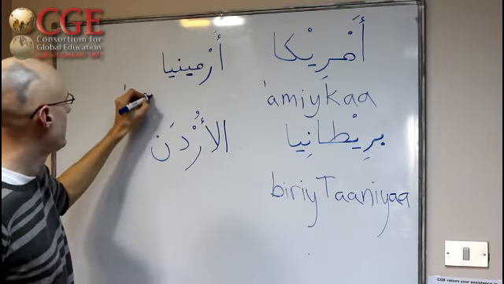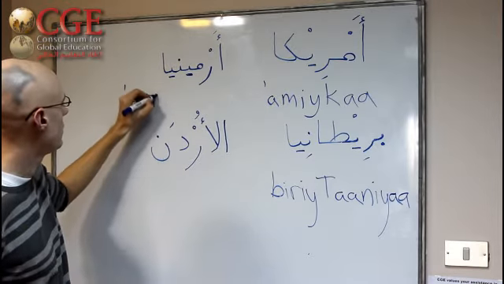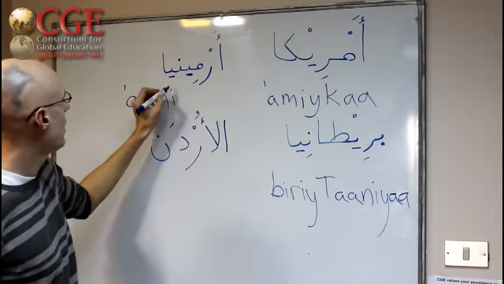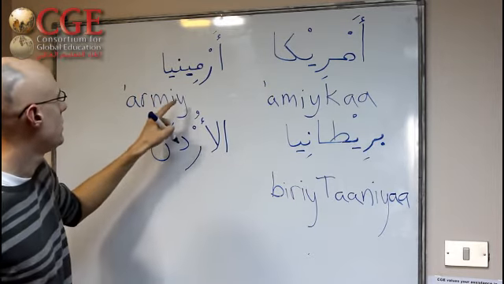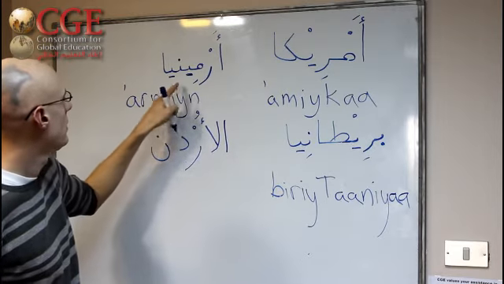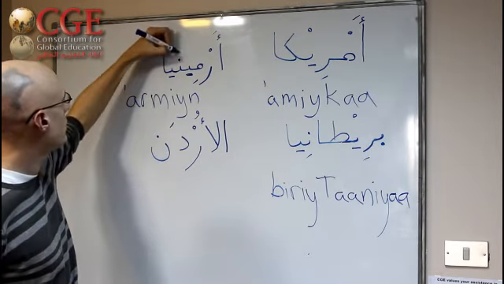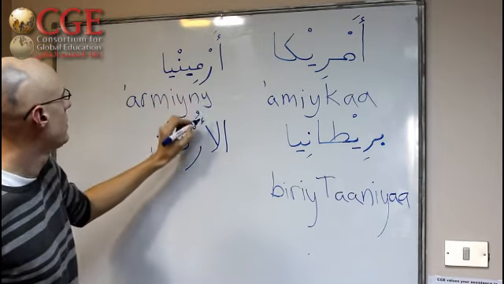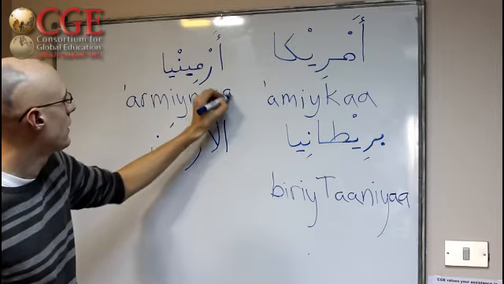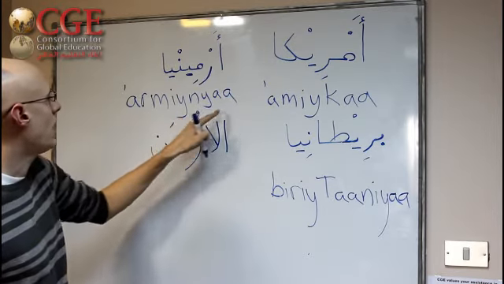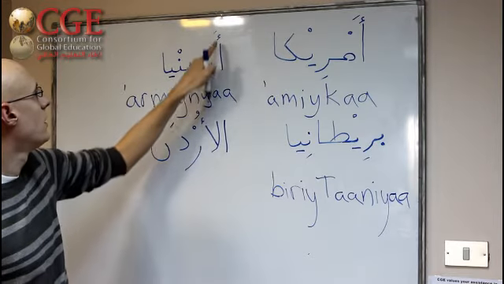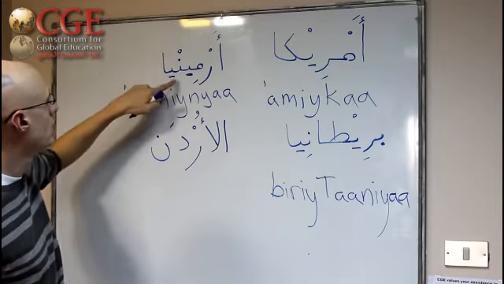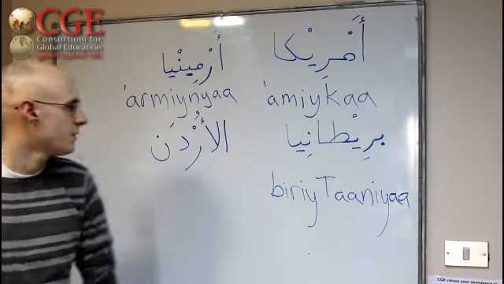Ar, and then this one, little loop there, is an M, followed by a long Y, and then you can say this different ways, but put a Y like this, Armenia. So this is Armenia, obviously.